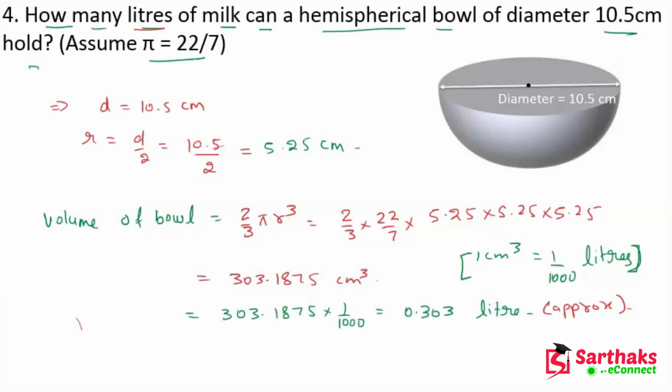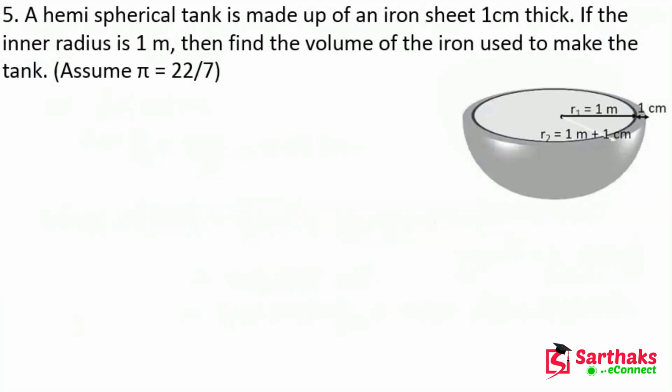So now the next question here is, a hemispherical tank is made up of an iron sheet 1 centimeter thick. If the inner radius is 1 meter, then find the volume of the iron used to make the tank.